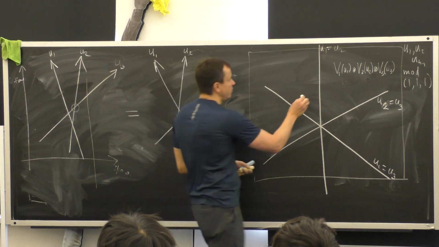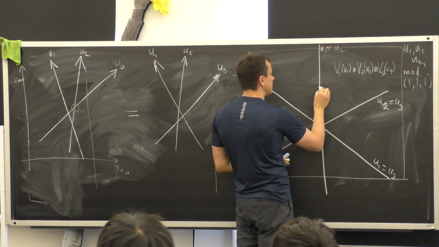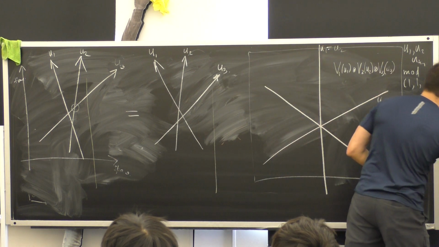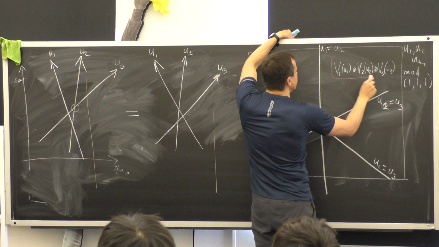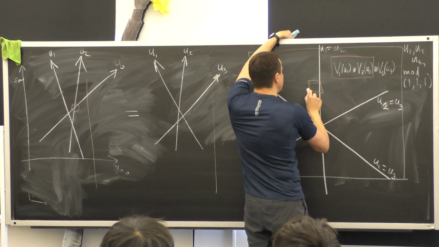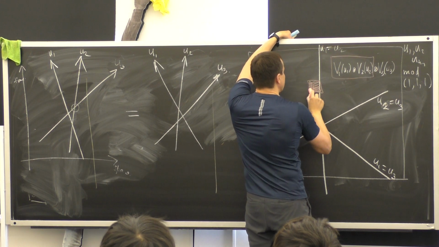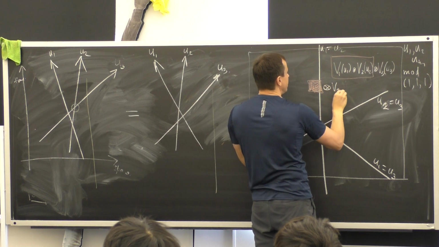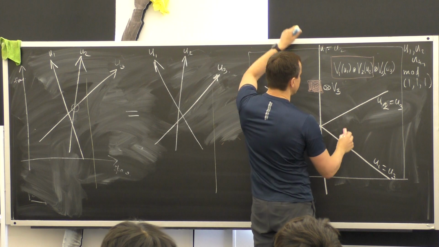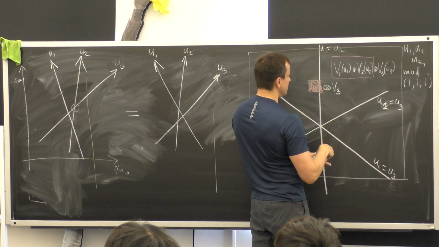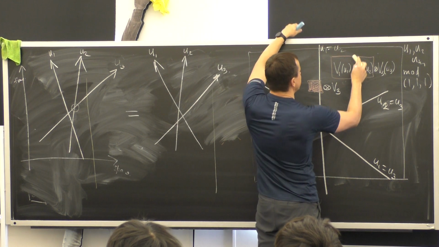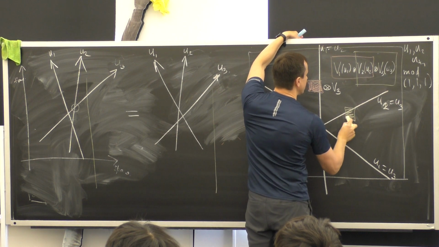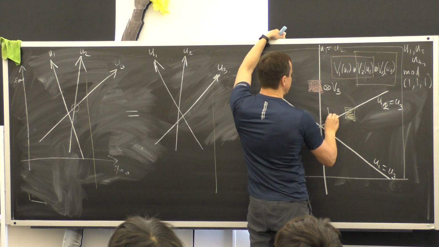Then at a special point you'll see some kind of bound state of these two, tensor V3, and here some bound state of that two, tensor V1.